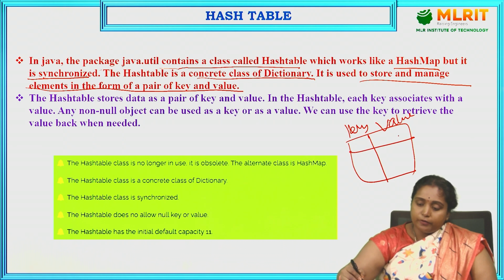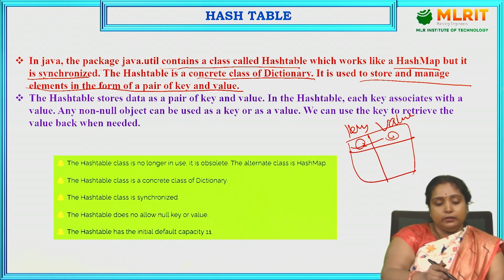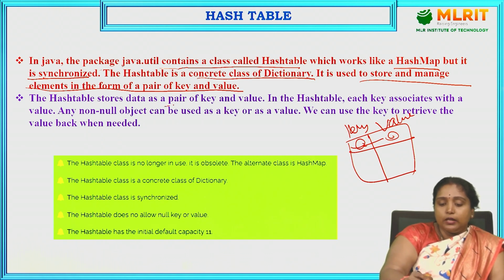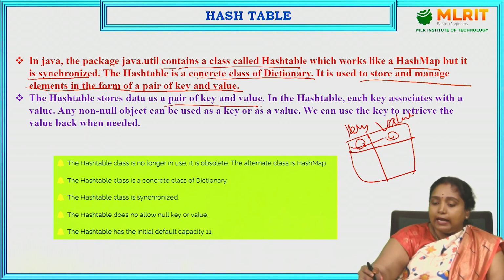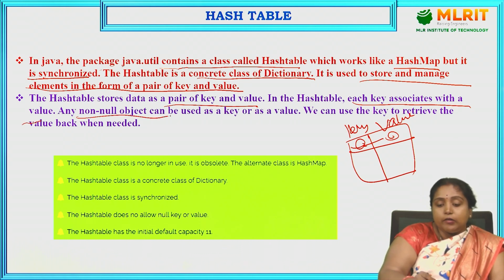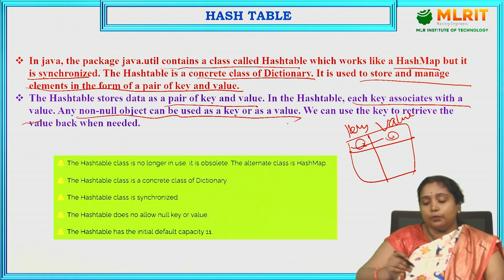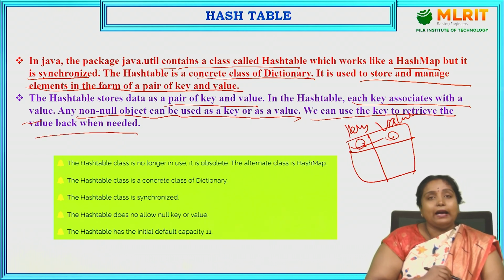So, for every value, you will have a certain key which is mapped. Here it is the same. Each key associates with a value, and any non-null object can be used as a key or as a value. So we can use a key to retrieve the value back when needed.